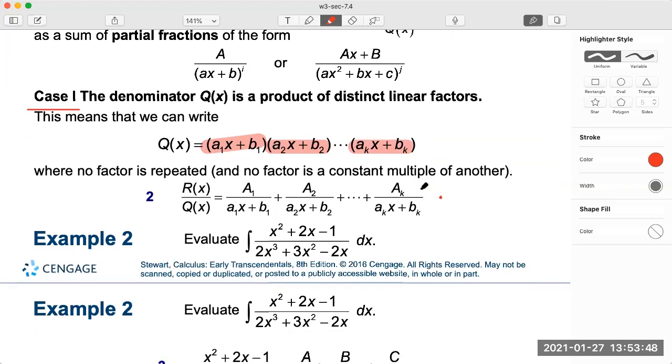And some great mathematician has already proven this, that we can always separate this and rewrite it in this form, where a1, a2 to ak are numbers. Beautiful, right? It was very complicated and it's hard to find integral. But now if we break them into small pieces here, things become a lot easier, okay?